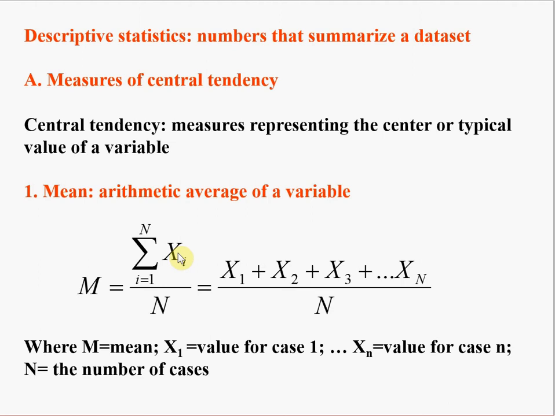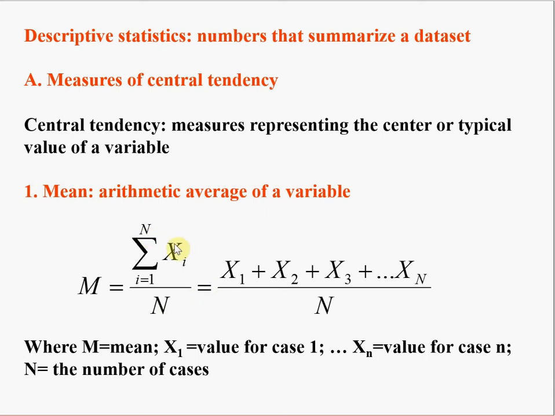So you have x sub 1, x sub 2, x sub 3, and so on and so forth. All represent the values of the variable for the first case, second case, until the case number n. And for all these values of variable x, you find the sum and divide by the total number of observations. That would give you the arithmetic average or the mean.